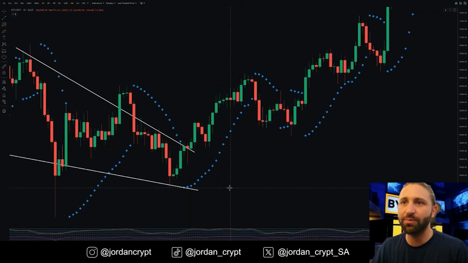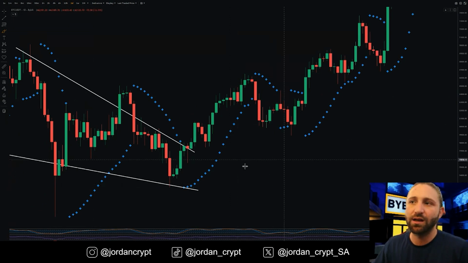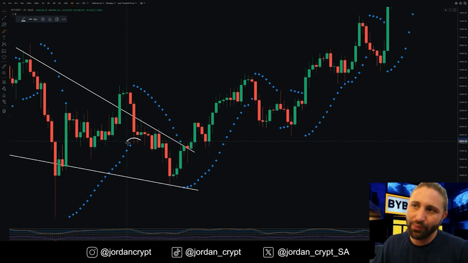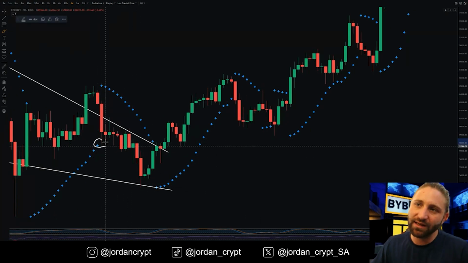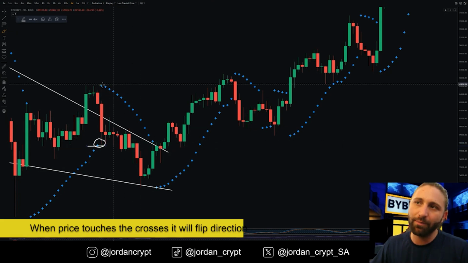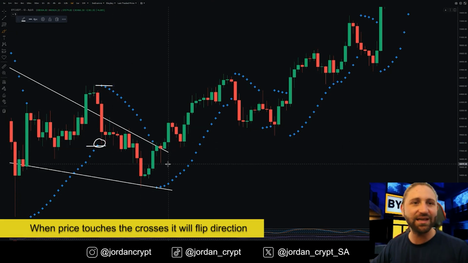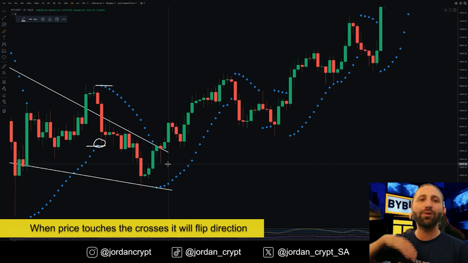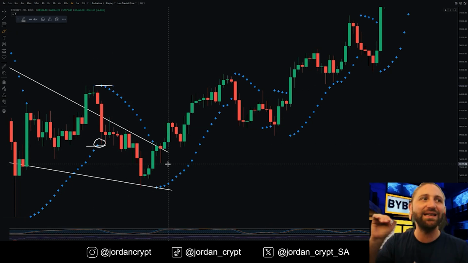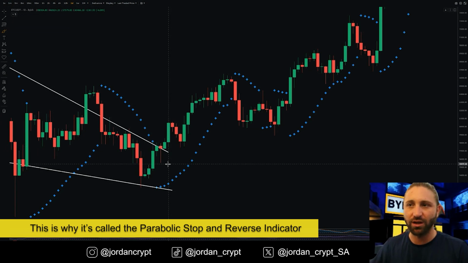And the first place that this indicator told us that the market is now technically coming down was when price hit this parabolic SAR here. When price hits this indicator, it will flip from the bottom to the top.